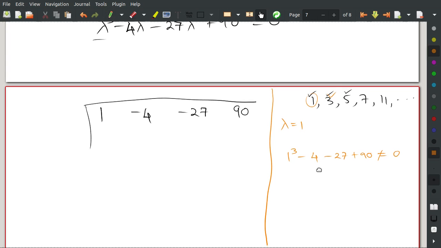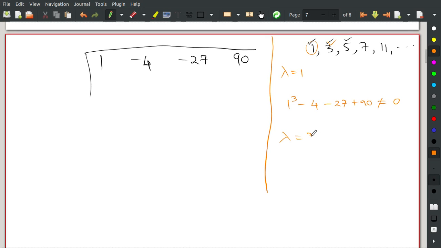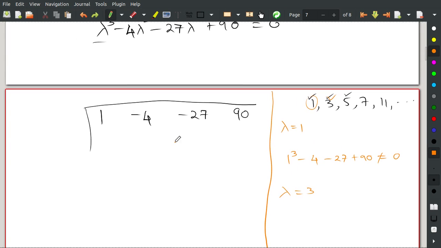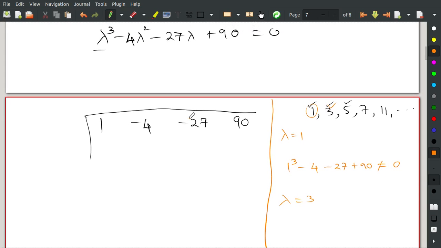So for lambda equals 3, if we substitute this in this equation, we have lambda cube, which is 3 cube, so 27, minus 4 into 3 square. 3 square is 9, 4 into 9 is 36, so minus 36, minus 27 into 3, which is minus 81, plus 90 equals 0.